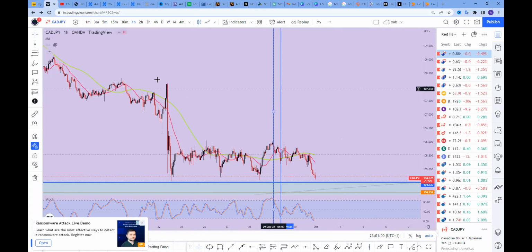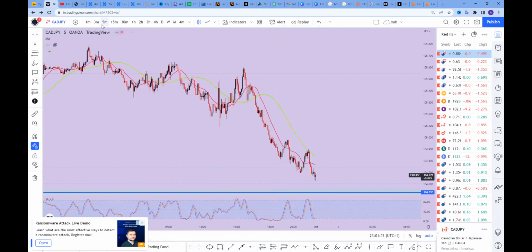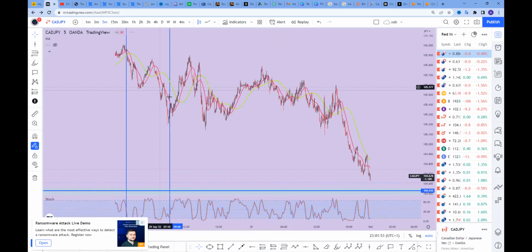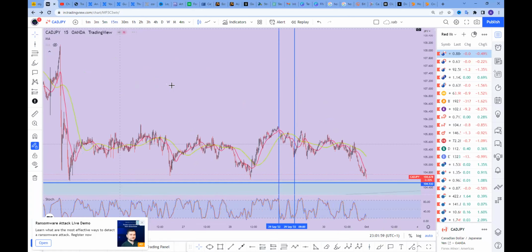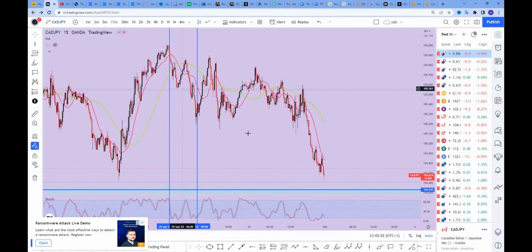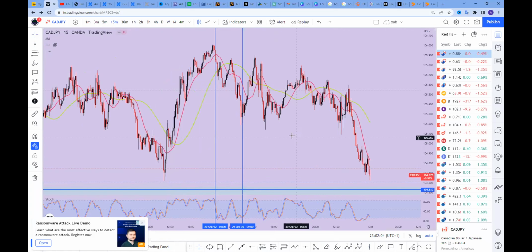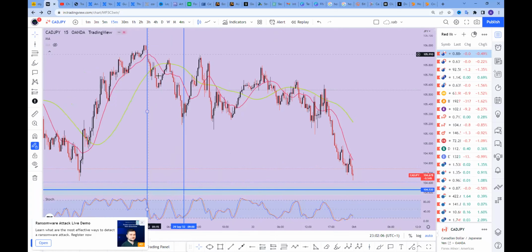Let's go to the lower time frame. Coming to the lower time frame, you can see that even though the sell already started, at this exact point we got our trade entry.